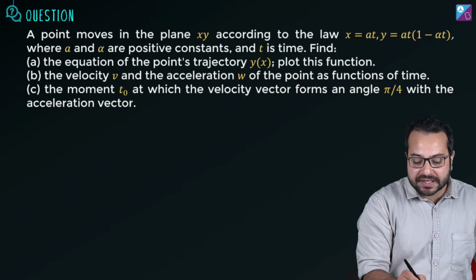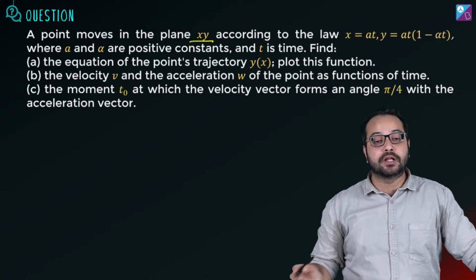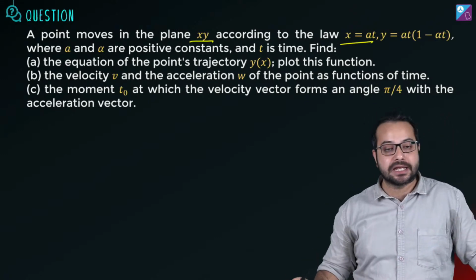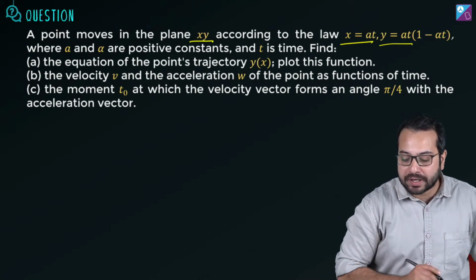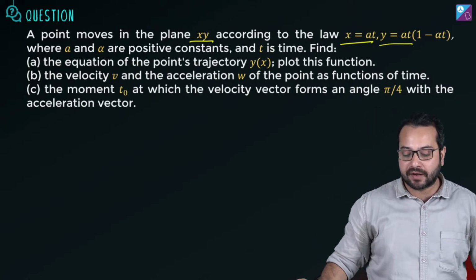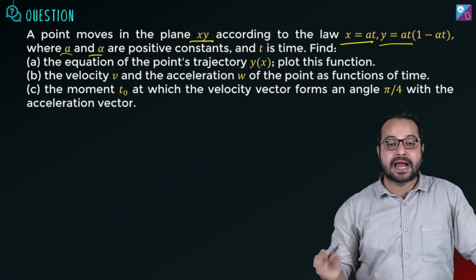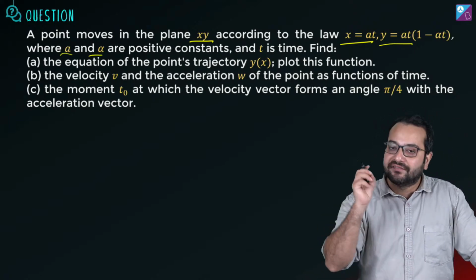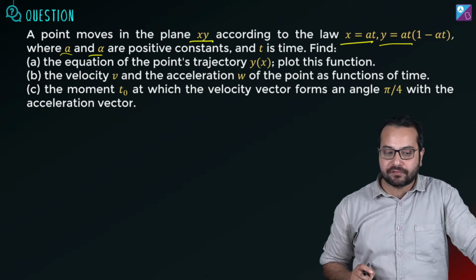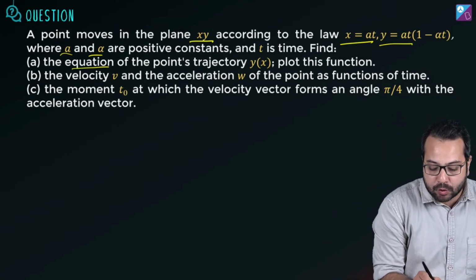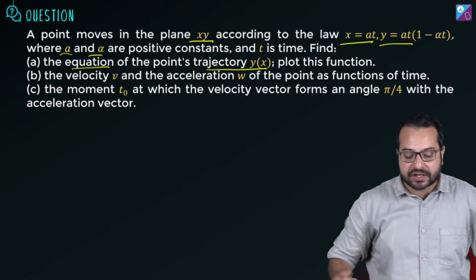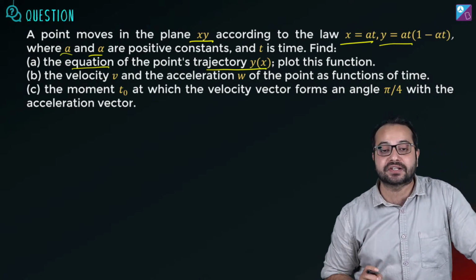Now, a point moves in the plane xy according to the law x = at and y = at(1 − αt), where a and α are positive constants and t is time. Find: what are the things that we need to find? We need to find the equation of the point's trajectory y as a function of x.